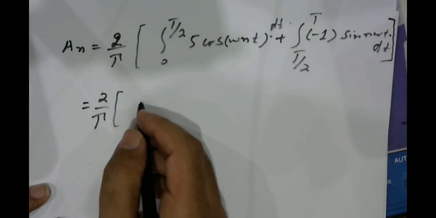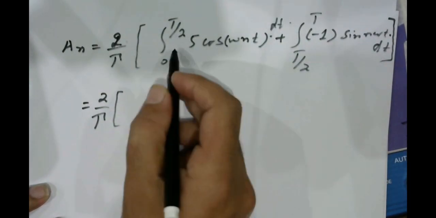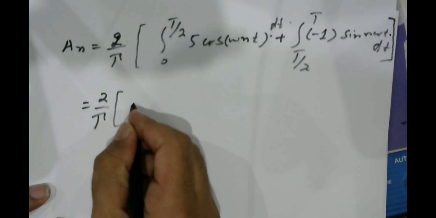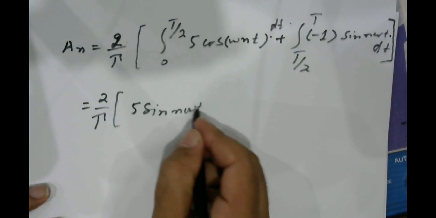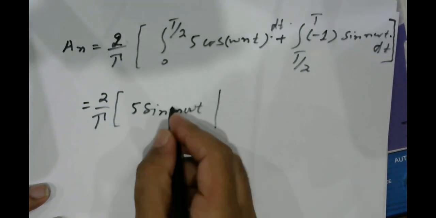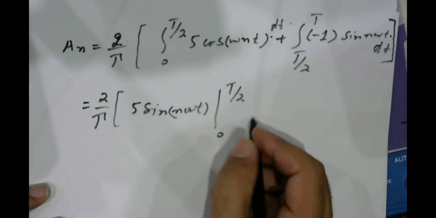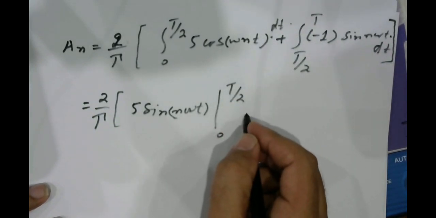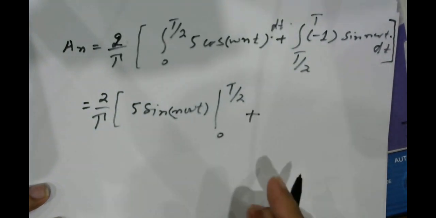Okay. Now 2 by T stays over here. And this is from 0 to T by 2. You take the integral of this thing, so this will give you 5 sine n omega t. Okay. And your limits will be from 0 to T by 2, and minus into minus, so I'll write this plus. Okay.